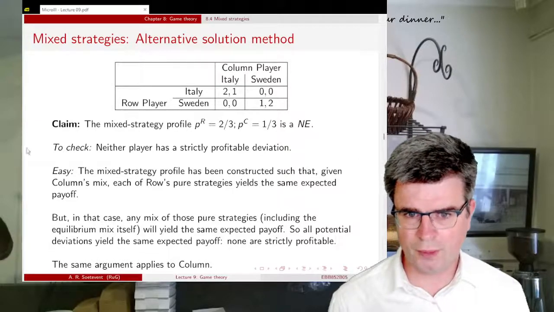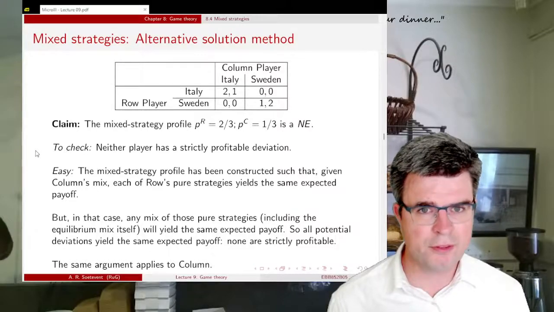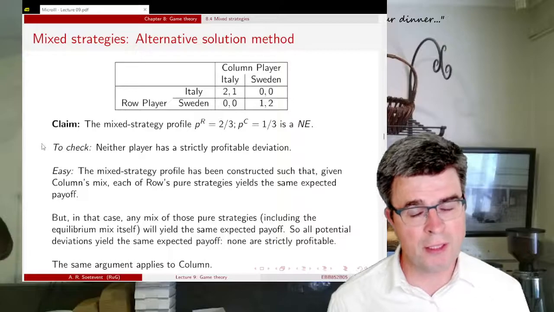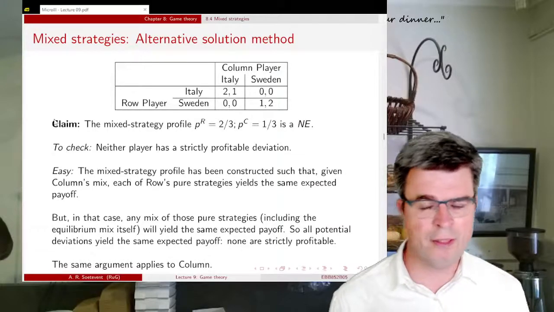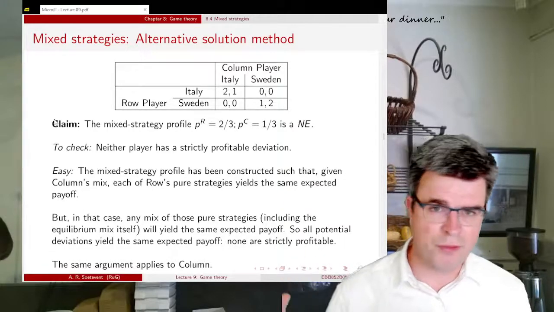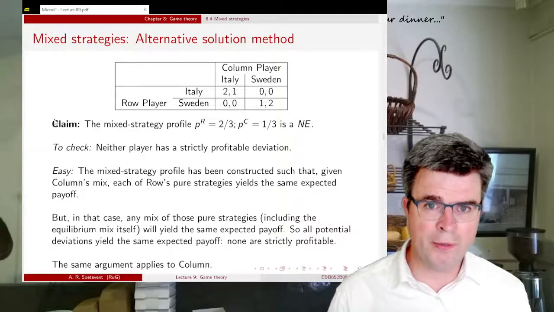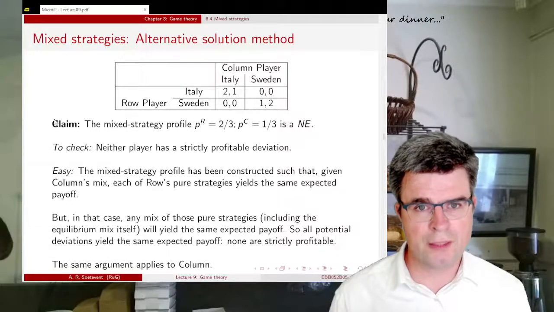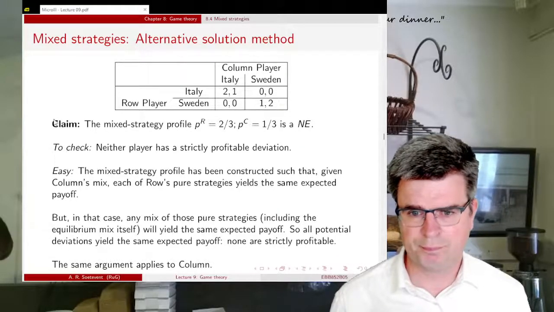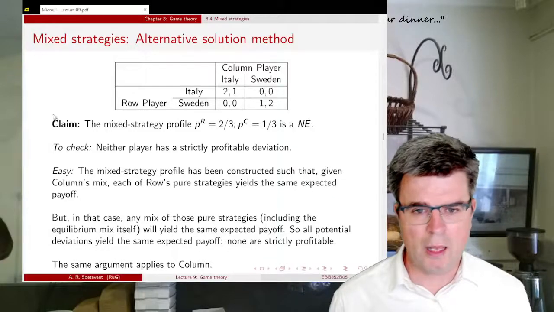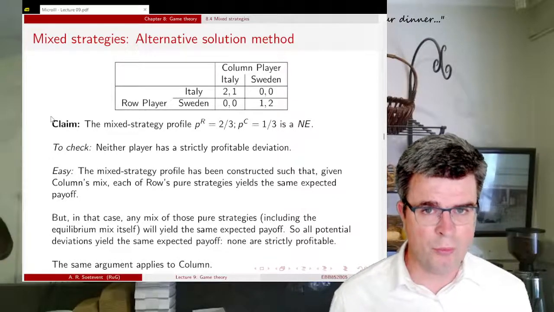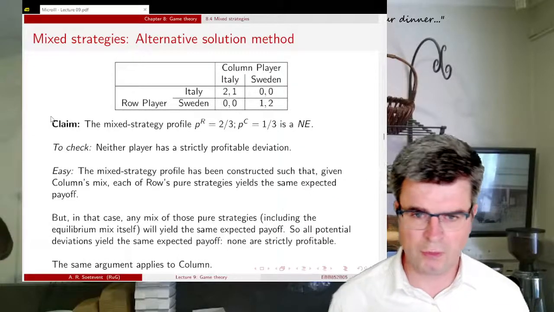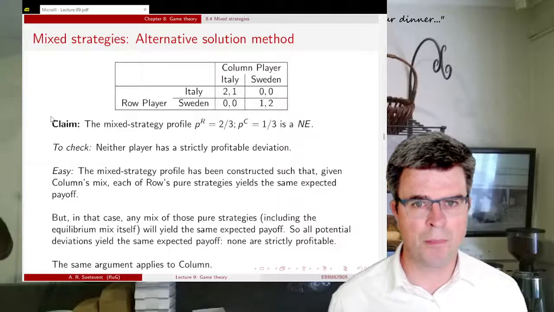It's easy to see that this holds in this particular case, because we have constructed the mixed strategy equilibrium exactly such that, given how column mixes, given PC, the row player is indifferent between either of his two pure strategies involved in the mix. And being indifferent means that they need to lead to the same expected payoff in equilibrium. And the same argument applies to the column player.